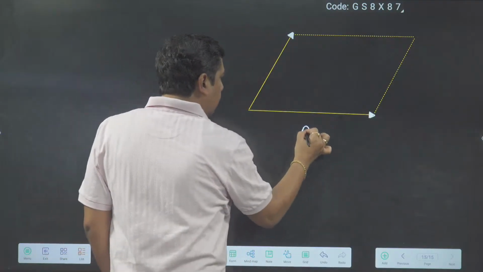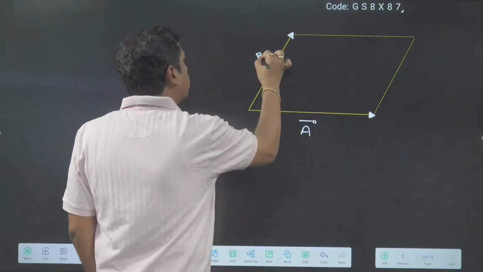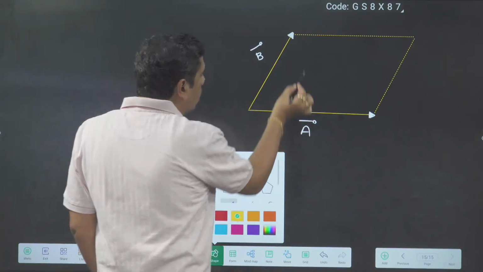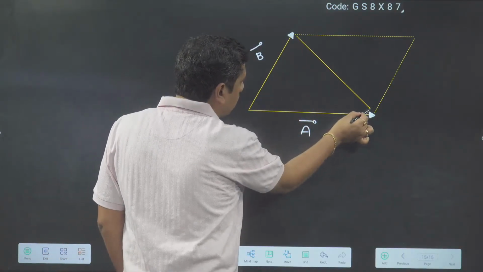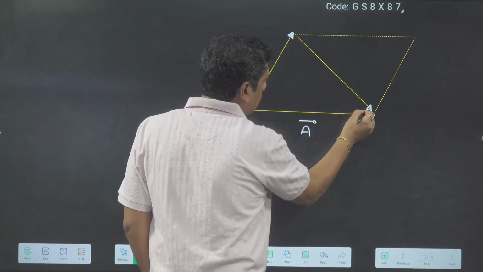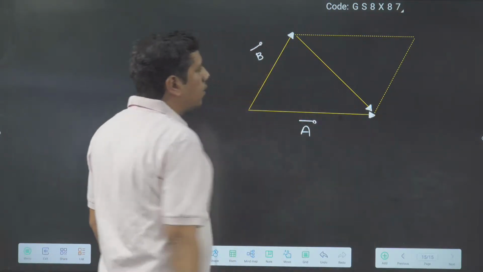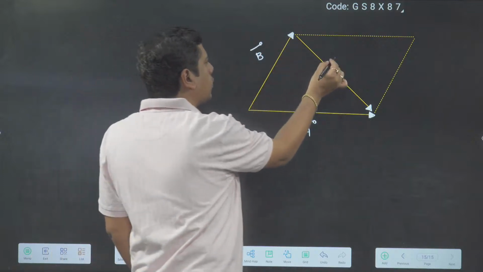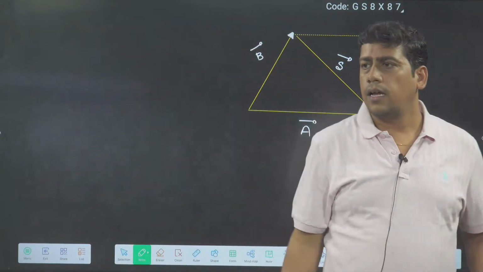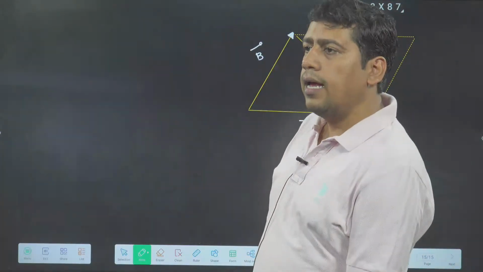This is A vector, this is B vector. And let's call it any name. Let's call it S vector.